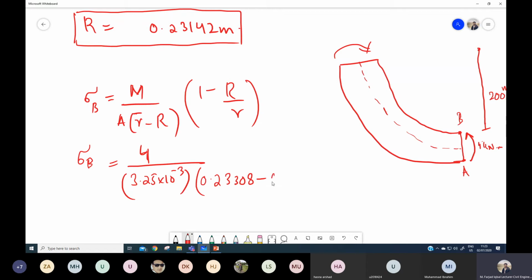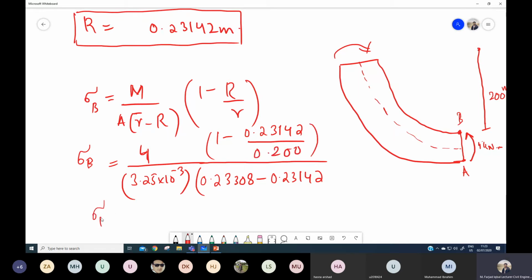This capital R is 0.23142, and this factor is 1 minus 0.23142 divided by the small r, the distance of point B, which is 0.200. So what will be sigma B?